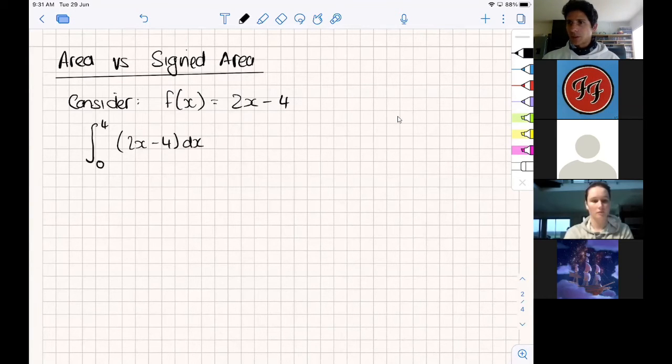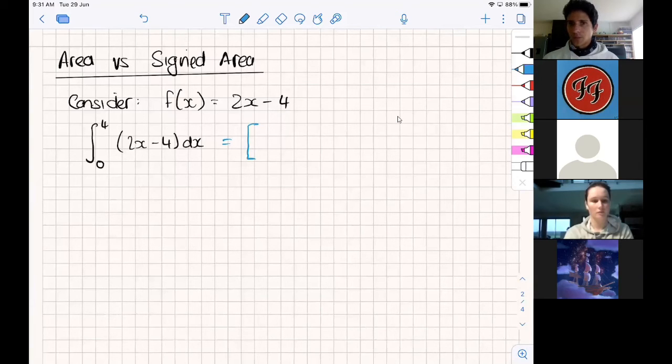And we're just going to assume that we don't know how to work out its area. So we're going to use our other technique of finding the primitive to help us find the area. The first thing we need to do is find this primitive function.